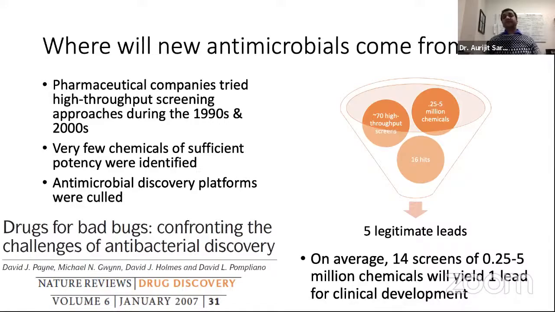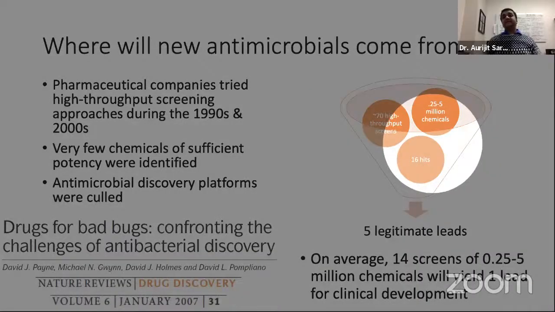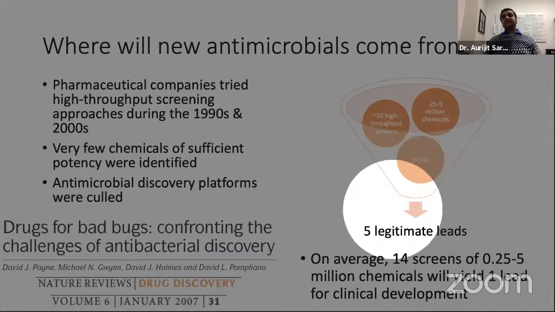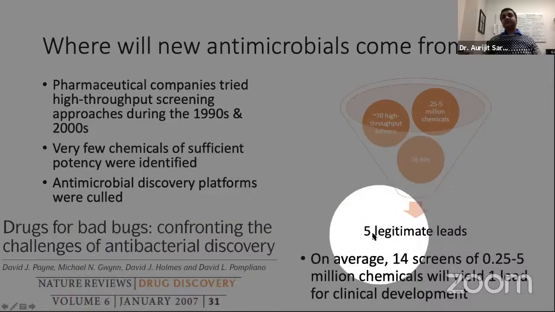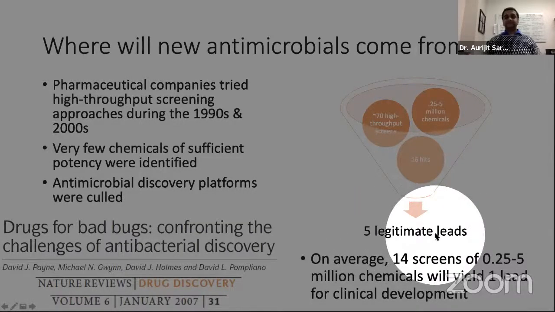Guess what? They identified only 16 chemicals that showed some sort of a promise. And upon optimization, these 16 hits gave them only 5 legitimate leads that could go into clinical development.